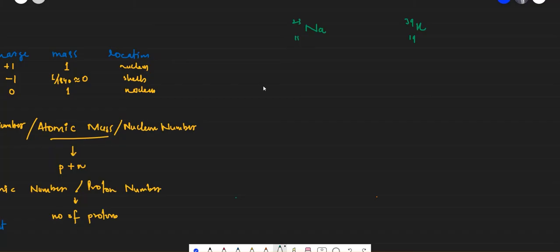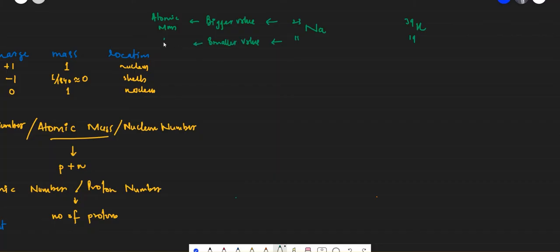The bigger value, always remember, will always be atomic mass. Why? Because atomic mass is protons plus neutrons, and atomic number is only protons, so it will be a smaller value.